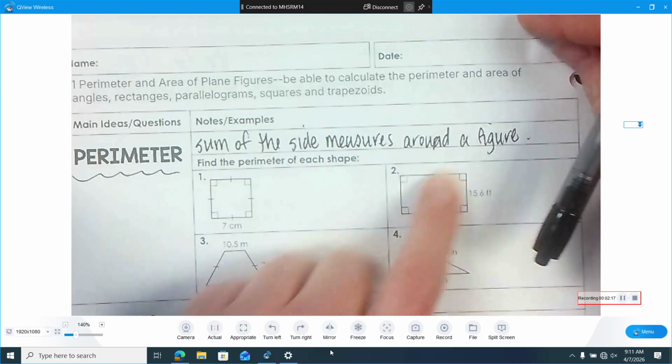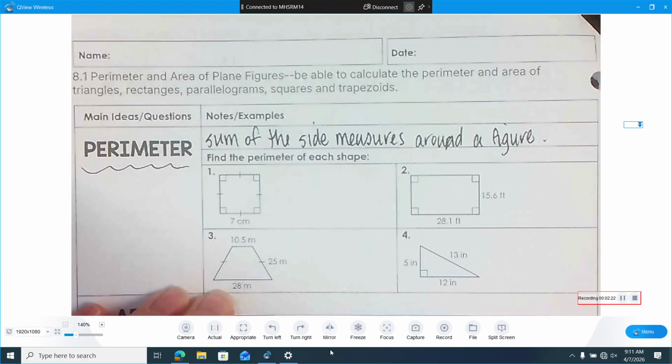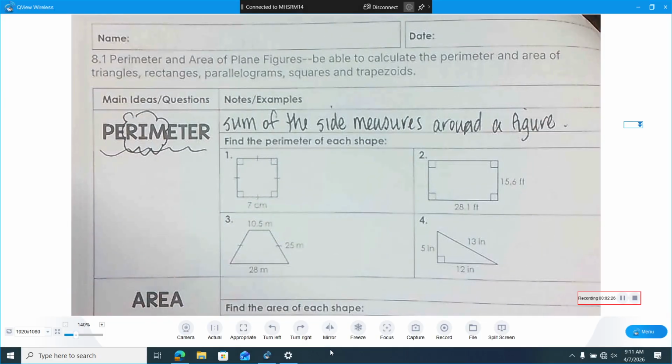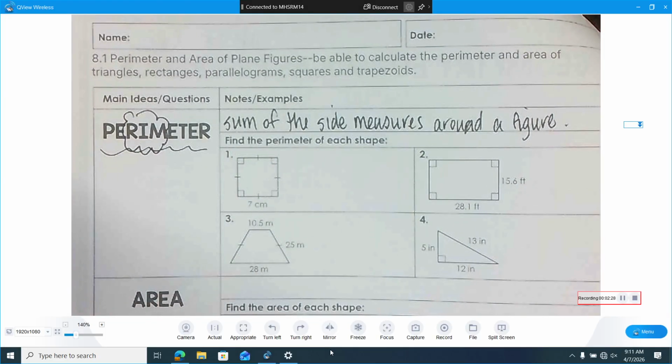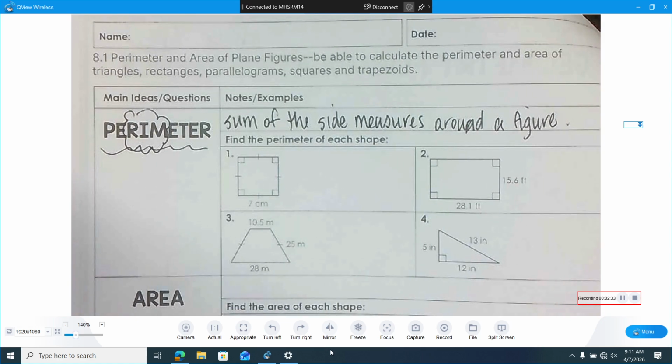And specifically, it's for 2-dimensional figures like the ones that you see here. But perimeter, I like to just think about the middle of the word here, the rim, the edge of the sides of the figure, okay?